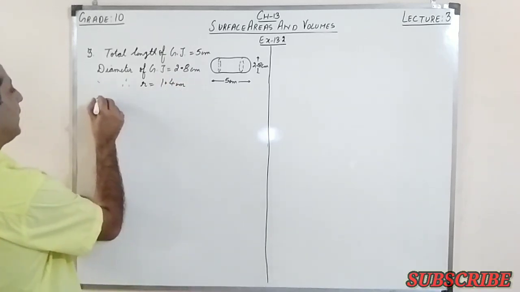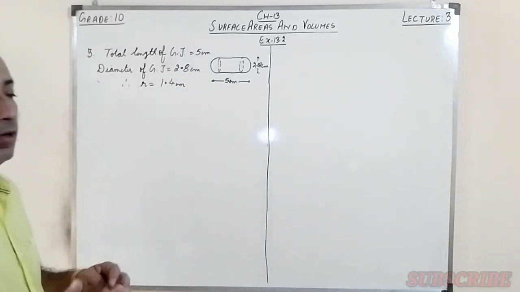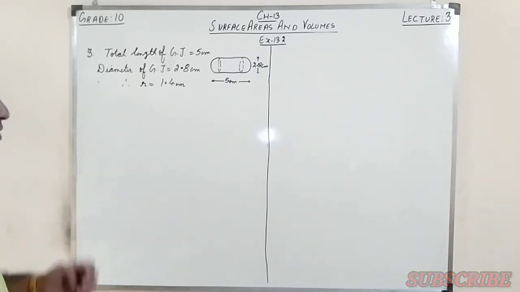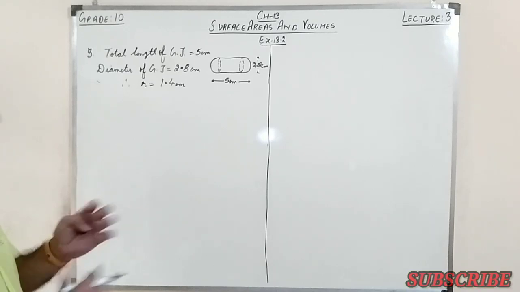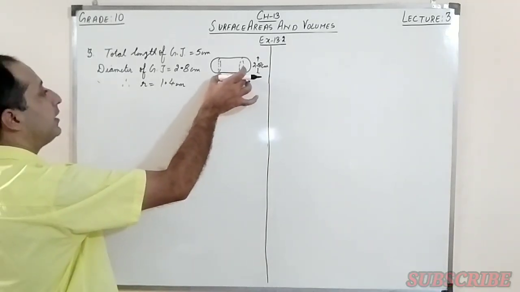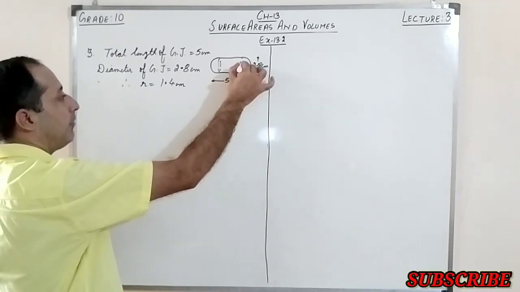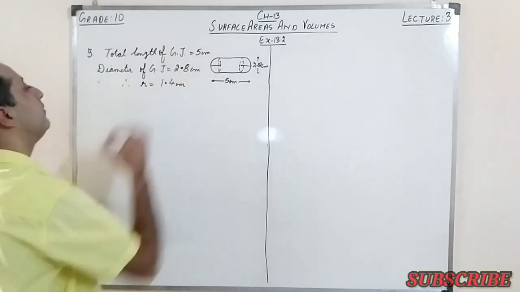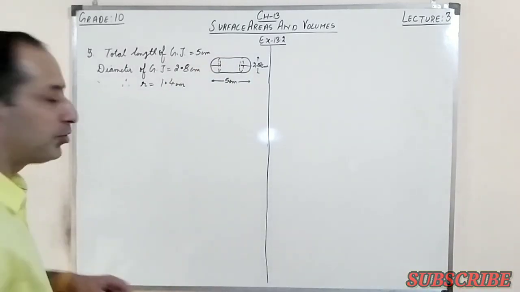Now I have to find the volume of one gulab jamun, so I have to add the volume of cylinder and the volume of two hemispheres. For that I would require the height of the cylindrical portion. So I have to subtract this thing. This is the radius of the hemisphere, 1.4 centimeter on both sides.